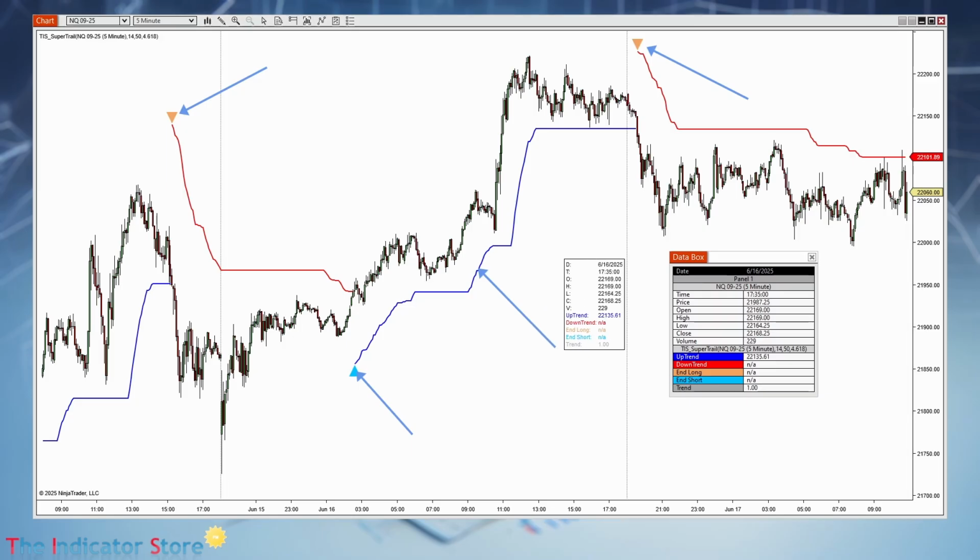And we have these plots available. We can see that there are 5 plots. This is the exit for a long. The name of the plot is end long. The other is end short, this one. The uptrend is the blue line, the downtrend is the red line.